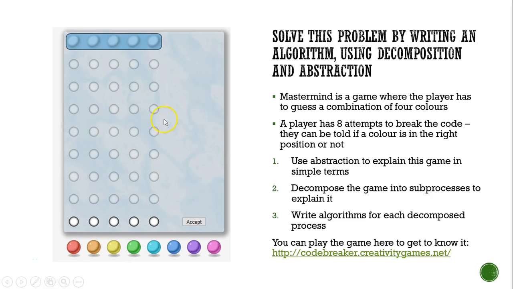So the user enters their code. Then, in this bit here, we check if it's right. And then we move on upwards until right.